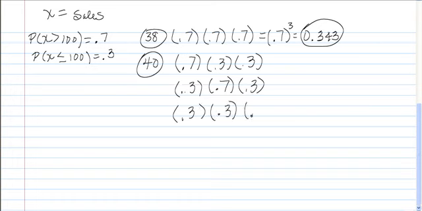So those are the possibilities. So 0.7 times 0.3 times 0.3 is 0.063. So we want to add these together, or take 0.063 times 3. I'm getting 0.189.